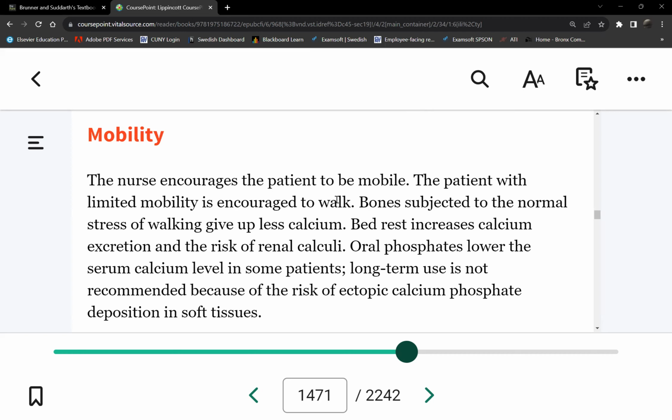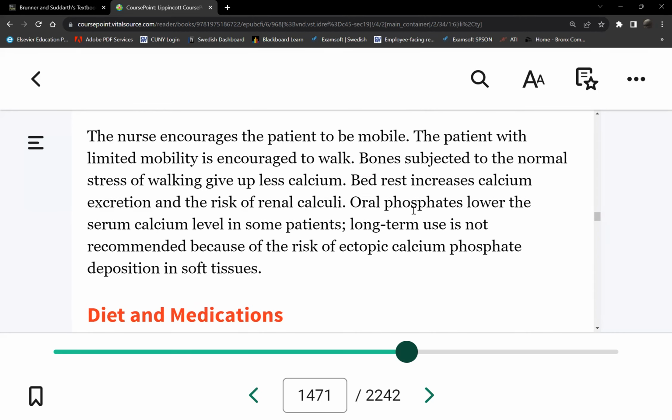The more you stress the bone, the stronger it will get. Of course, you still institute fall precautions because these patients are weak, but we don't want them on bed rest because that will actually worsen the condition. It will increase the calcium even more if you put the patient on bed rest.